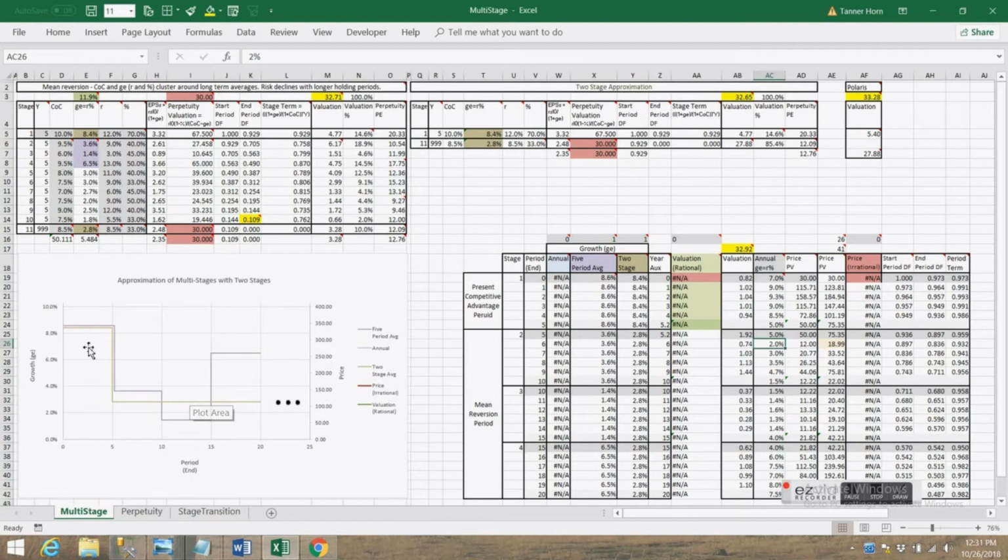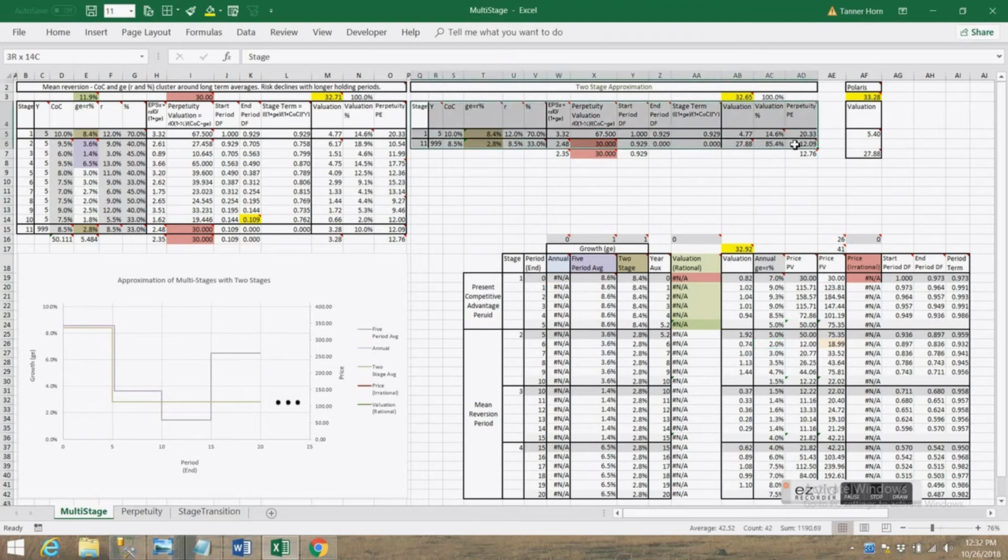And the advantage of 2 is you can focus on the reasonable future and where you likely can have a meaningful forecast. And then the second stage would be a mean reverted stage, where you would assume that things get back to normal, and we'll be talking more about exactly what we mean by mean reversion. But you get some growth rate that, for now, we'll refer to as just getting back to normal.